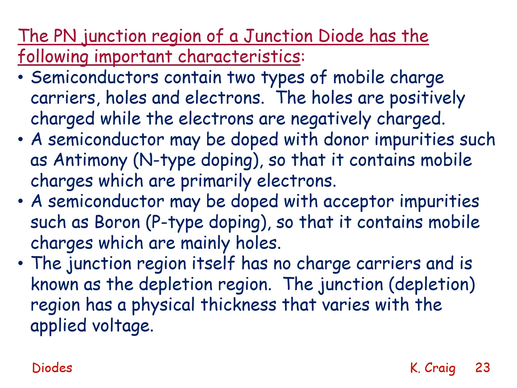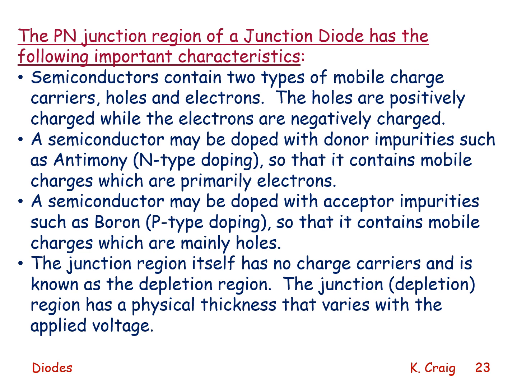The PN junction region of a junction diode has the following important characteristics. Semiconductors contain two types of mobile charge carriers, holes and electrons. The holes are positively charged, while the electrons are negatively charged.